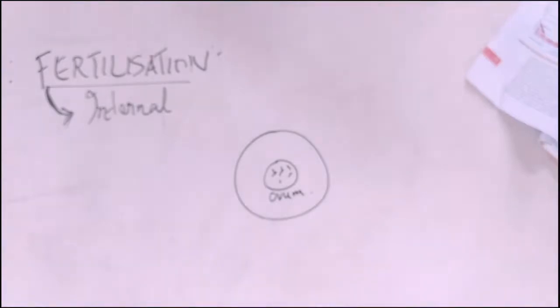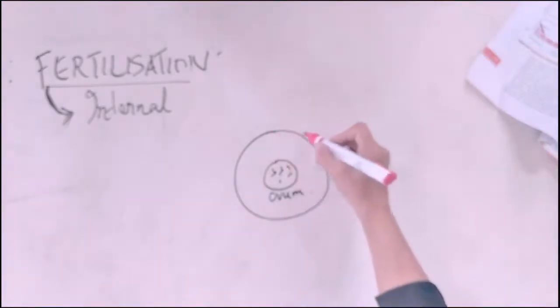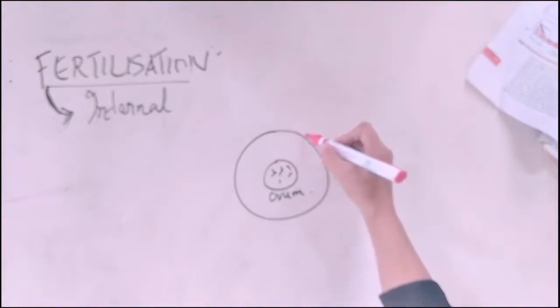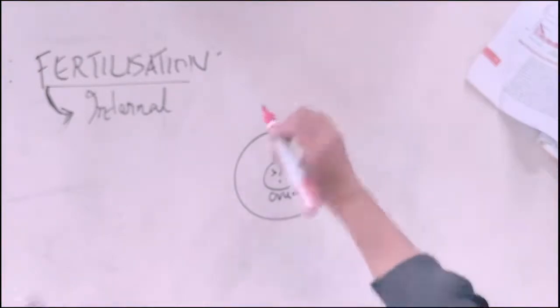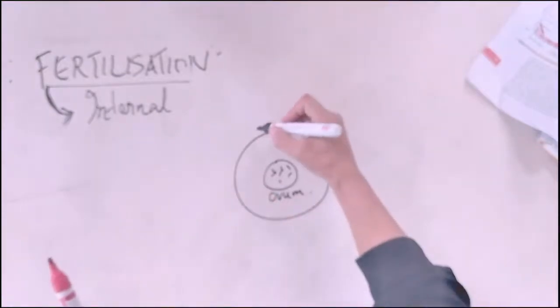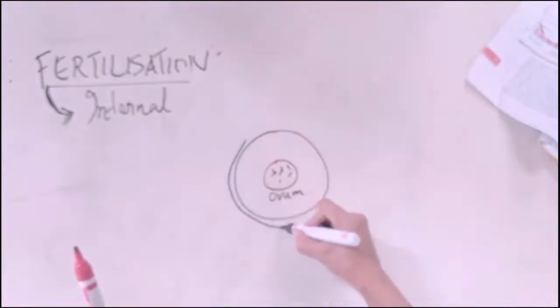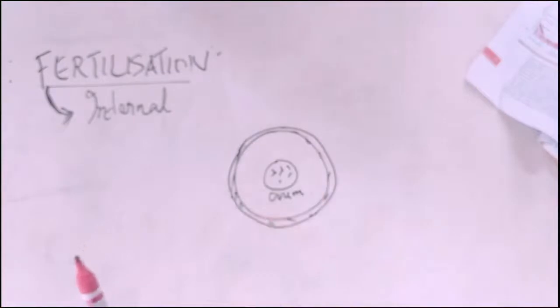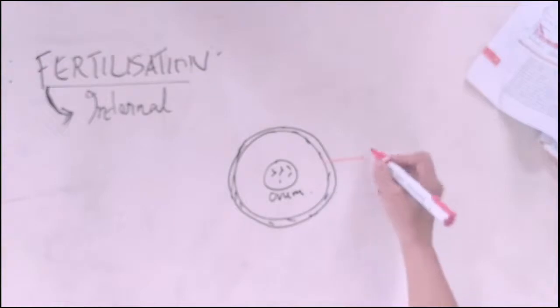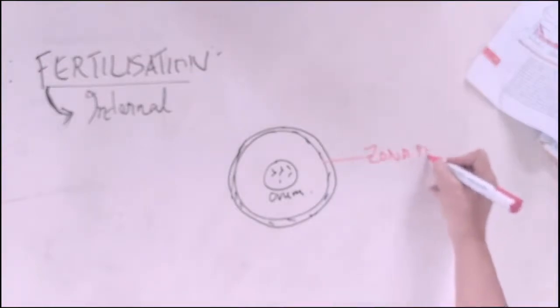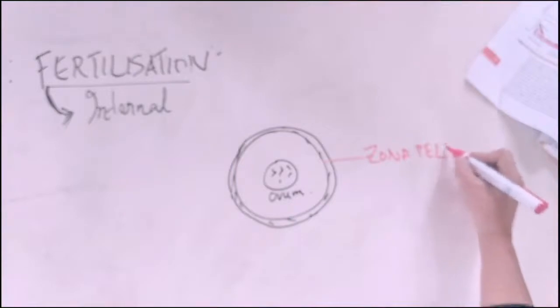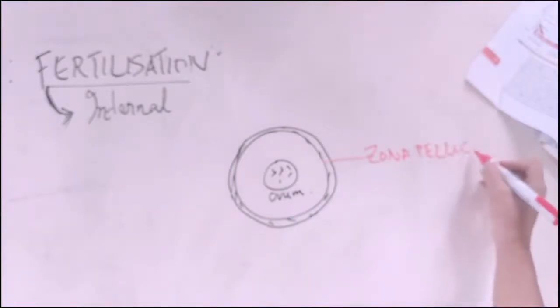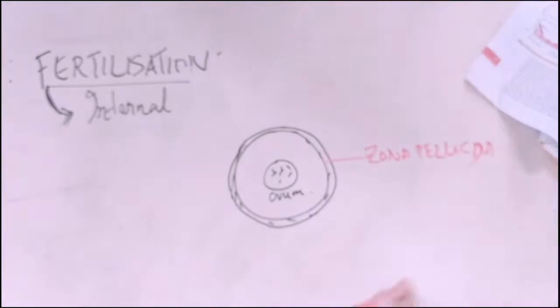The ovum is covered by layers. The zona pellucida is important for embryo formation and implantation.